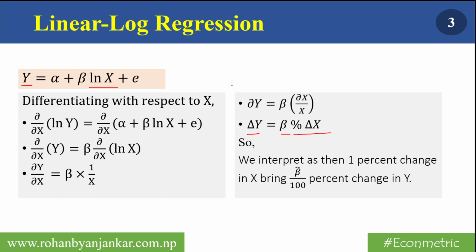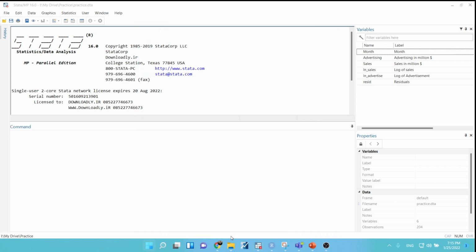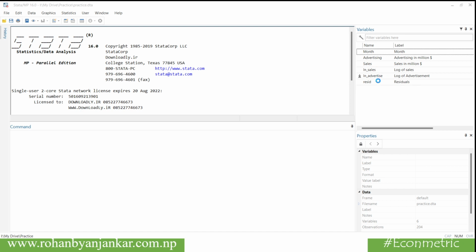So now let's move towards the practical in our Stata. I have already opened Stata, and here is the data of sales and advertisement, and you can have a look over it.